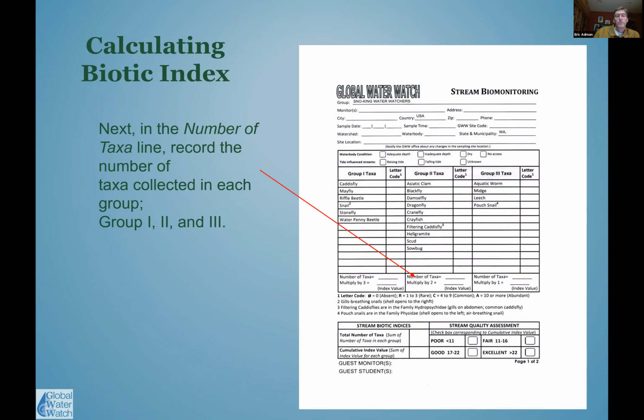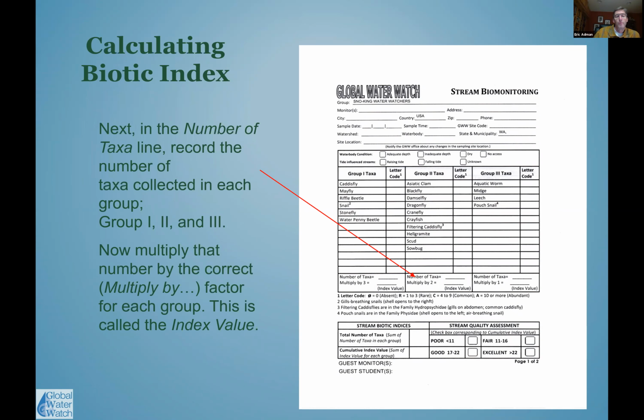So then we're going to record the number of taxa per each group, multiply it by the factor to come up with an index value. And again, it's weighted. So the more of the pollution intolerant group 1s that you find, the higher of a number you're going to get. Where if you mostly find pollution tolerant, you're not going to end up with as high of a number.